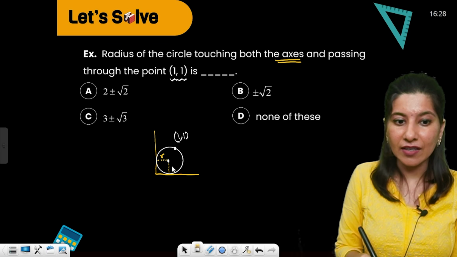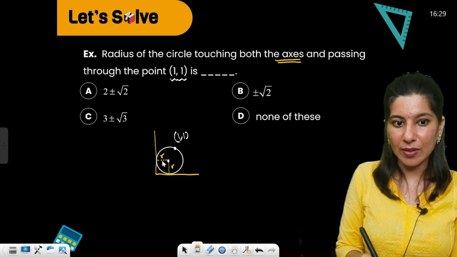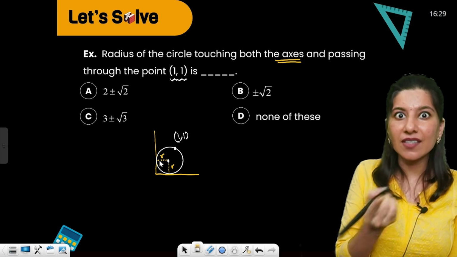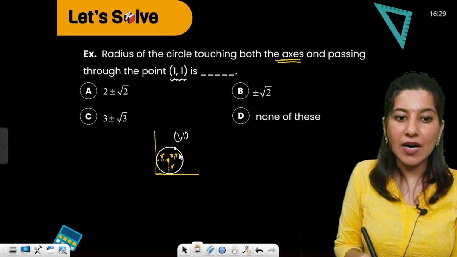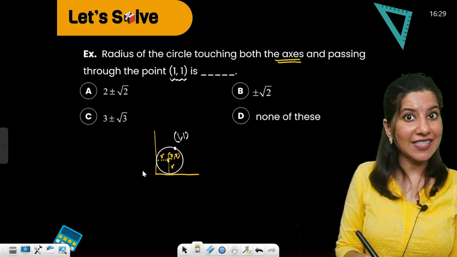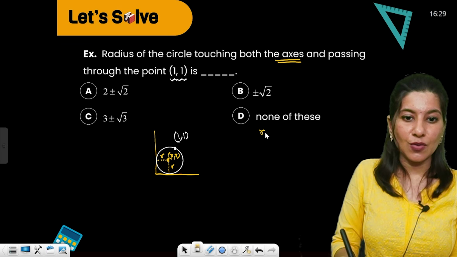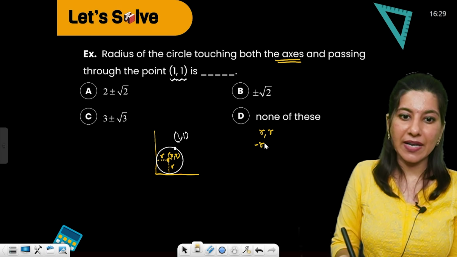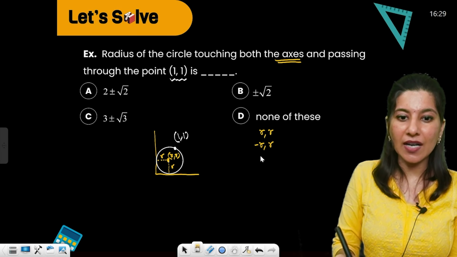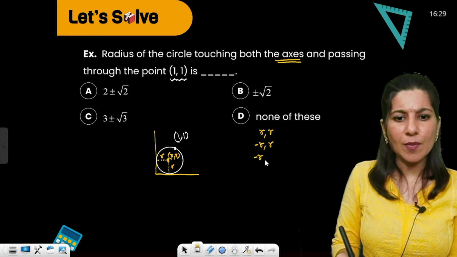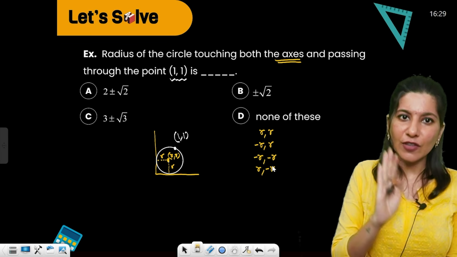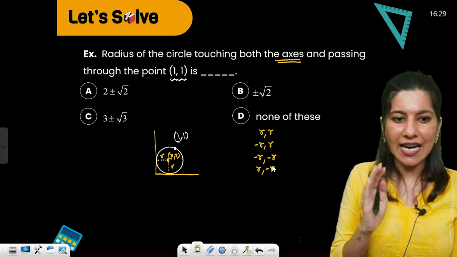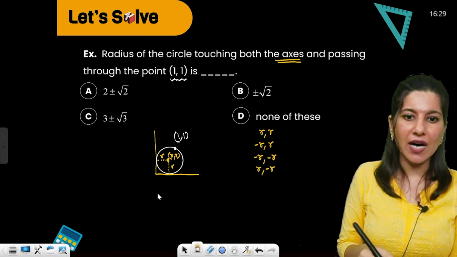If this is R and this is also R, obviously the distance between center and circumference is R. So this point can be R, R. If it is lying in the second quadrant, then it will be minus R, R. Minus R, minus R, and R, minus R. There will be 4 options, right? For the time being, let's take R, R, let's see.